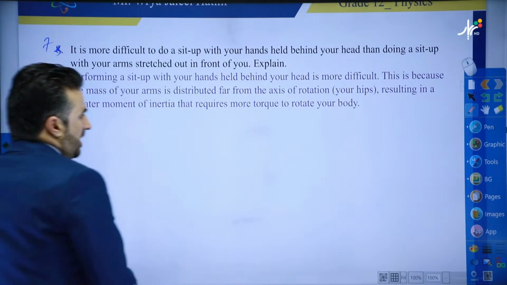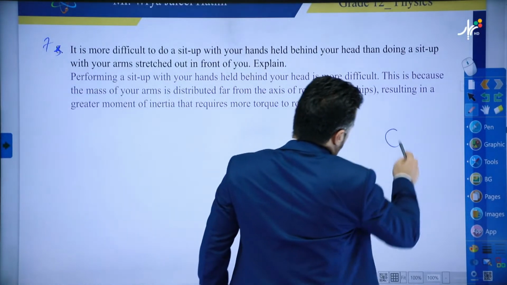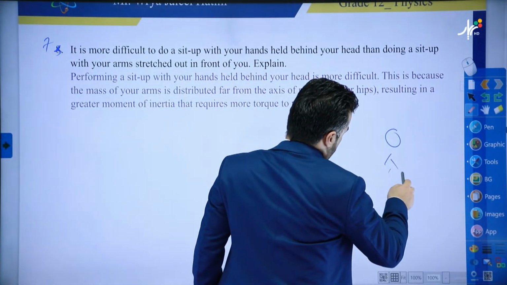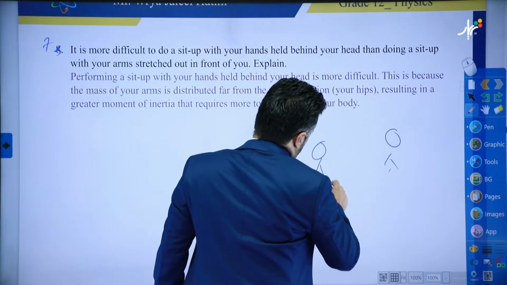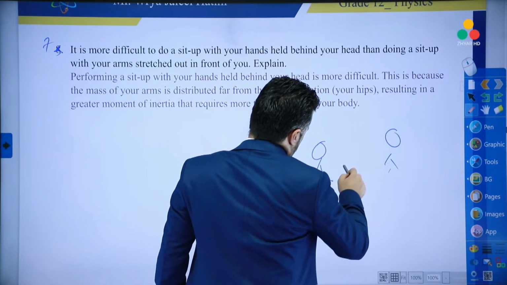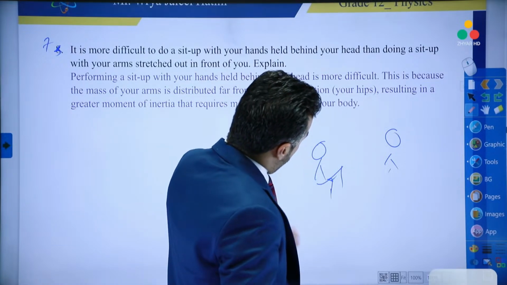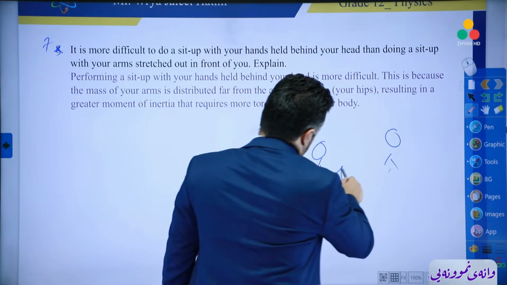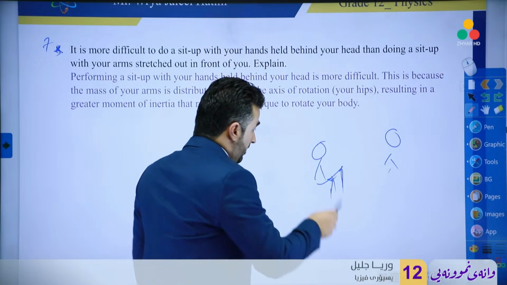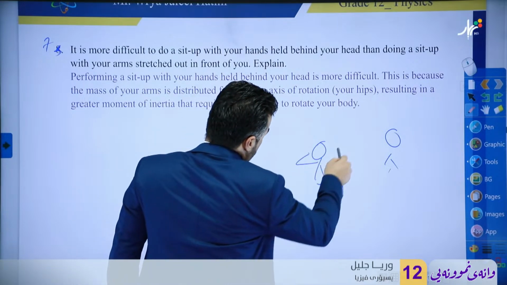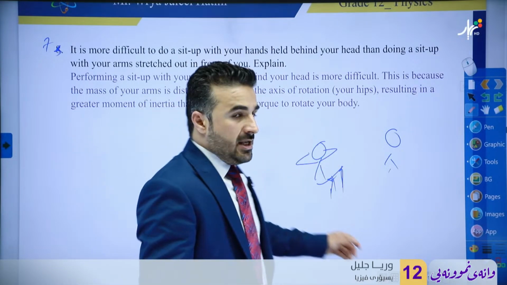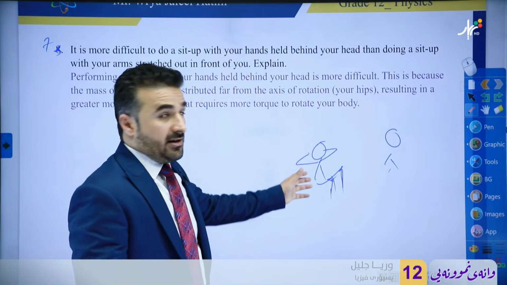Explain. Of course, let's say here's a person, right? You're trying to do sit-ups, let's say. Maybe we could do something like this, and let's say this is your legs, right? This is not a very good drawing, but still, I believe you understand what it is. So if you're extending your arms behind your head, of course, it will be very difficult to do the sit-ups, yeah?